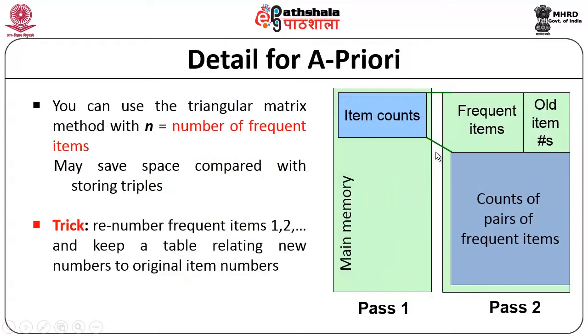So instead, if these frequent items can be represented by new numbers, or mapped to their old item numbers, then generating the frequent item pairs and the corresponding counts will be very easy. So, the triangular matrix approach which we discussed earlier may be used here for the purpose of saving enough memory when you are dealing with such a scenario.